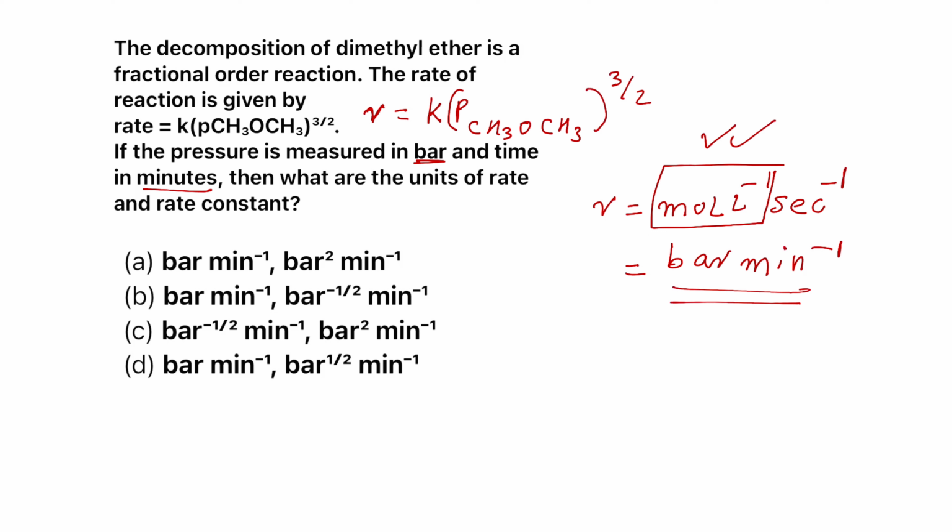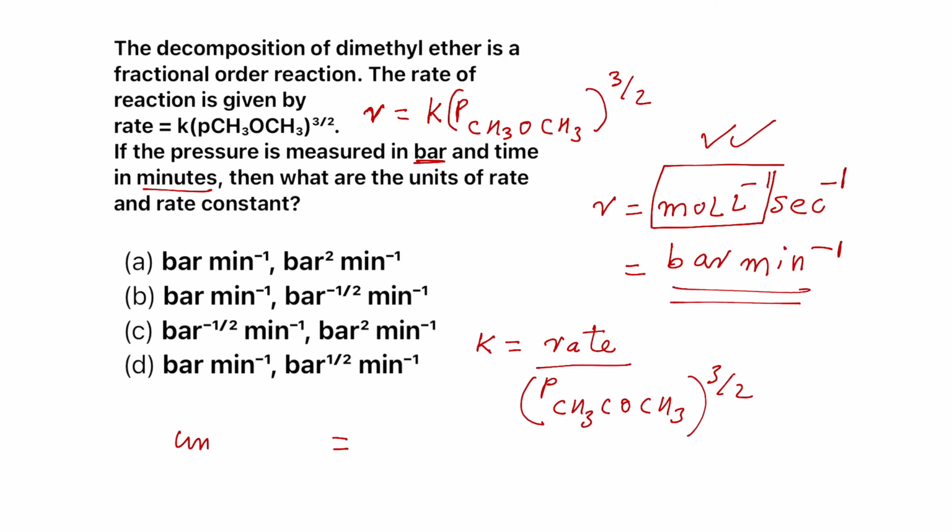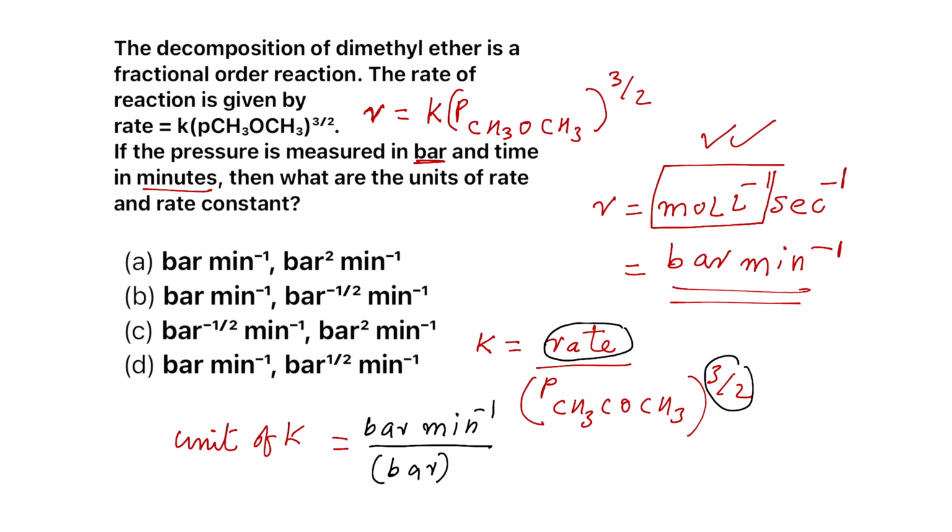Now we have to find the unit of K. It's very easy. K is equal to rate by pressure of CH3OCH3 whole raised to 3/2. The unit of rate is bar minute inverse, divided by the unit of pressure, bar, whole raised to 3/2.